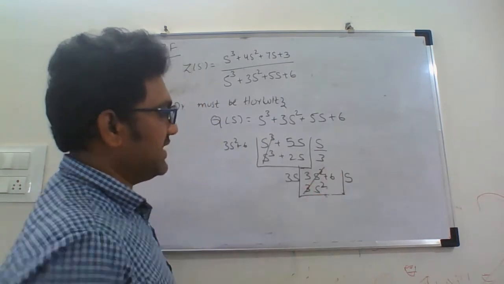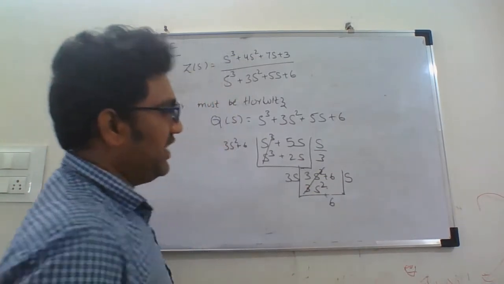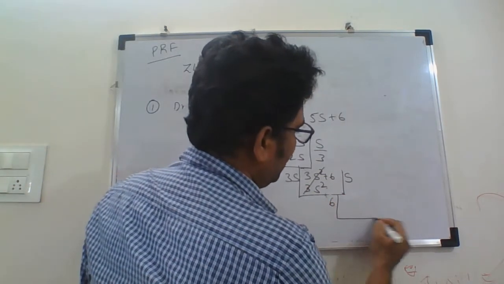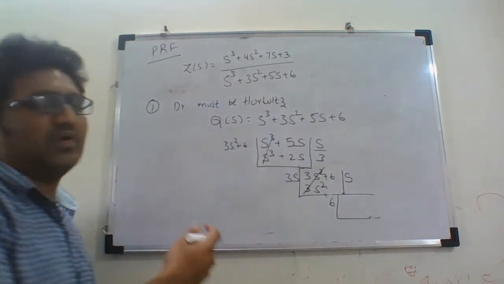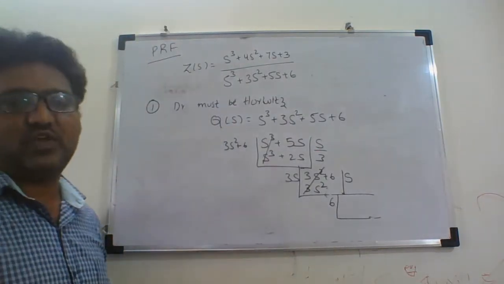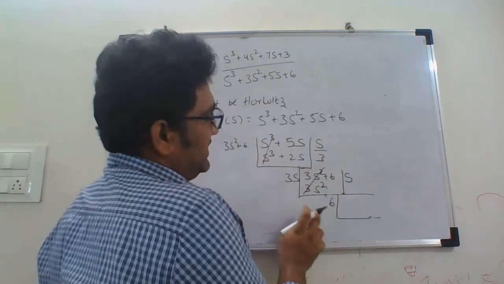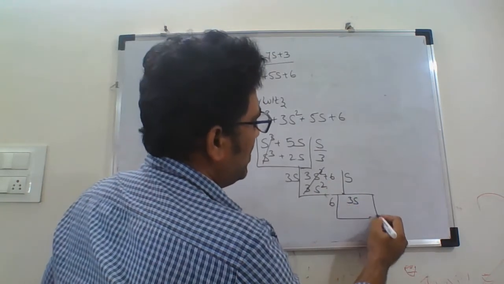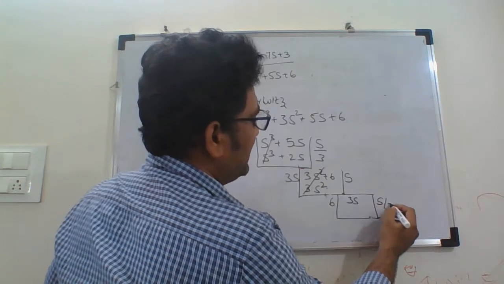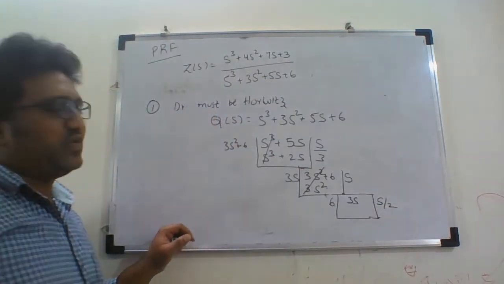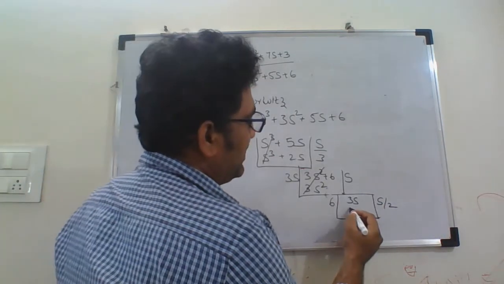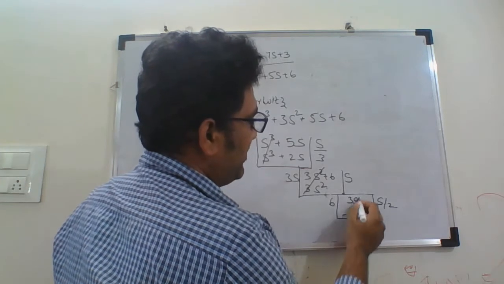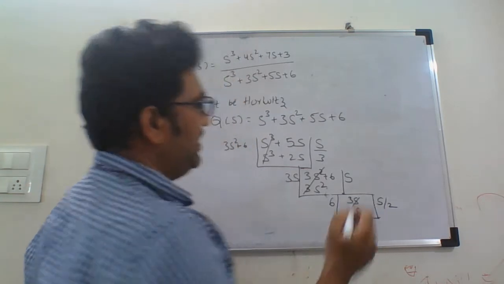This gets cancelled, so I get 6 here. We can stop here or make the remainder 0. I have 6 here and 3s, so I need to multiply by s by 2. Then I get 3s, which gets cancelled out, and the remainder is 0.